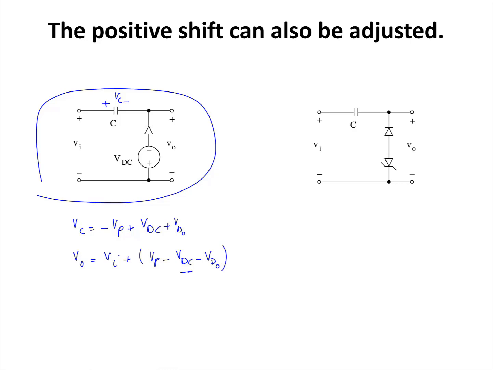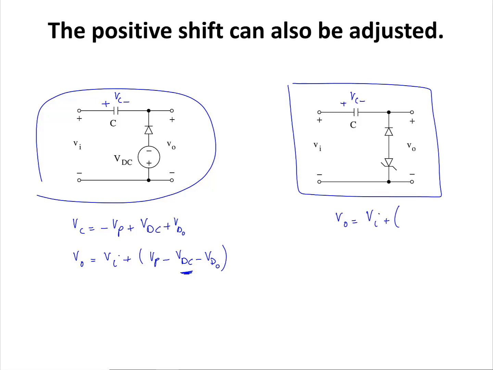So by changing the value of VDC, we can adjust the amplitude of the DC shift. We can use a Zener diode instead of this DC voltage source, and if you do that, the output is going to be shifted by Vi plus this voltage, V peak minus V Zener minus VD0.